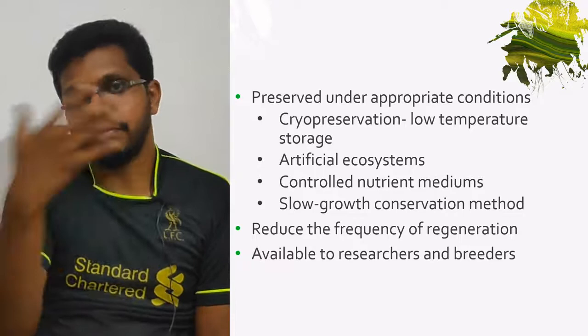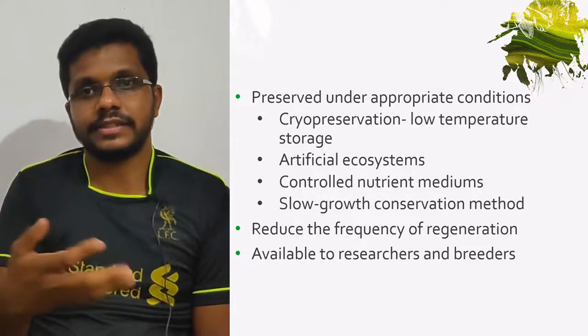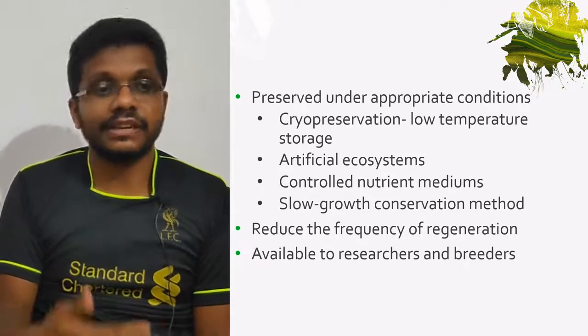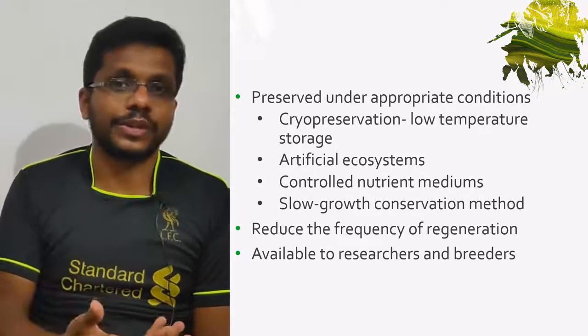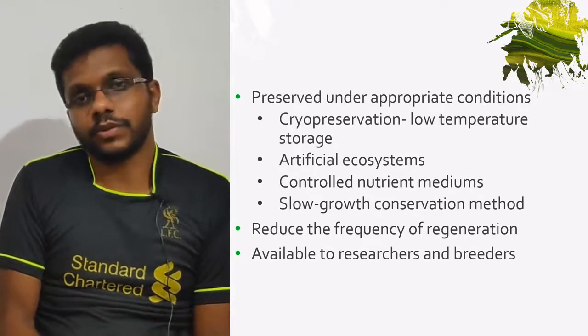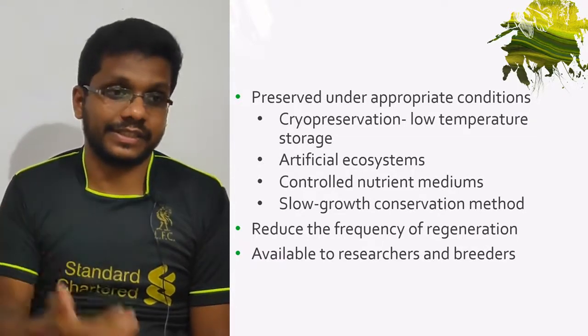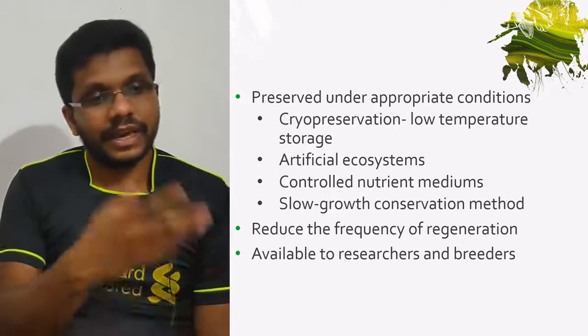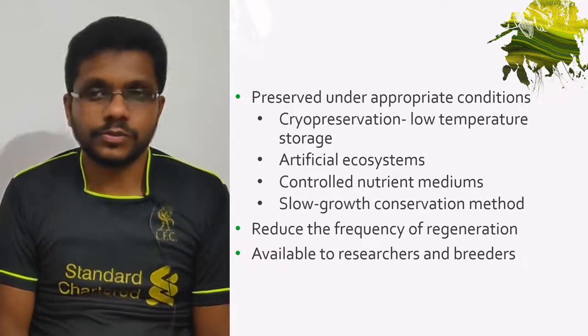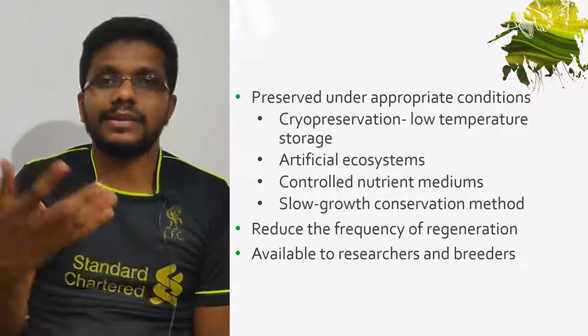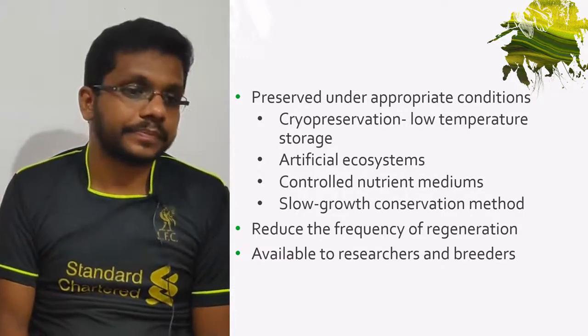We can grow the organism or its cells or components in vitro in cell cultures, giving a medium which has less nutrient capacity. So the growth will be retarded, but that retardation can be used as a tool for preservation. Or we have some slow growth conservation methods, which reduce the growth rate but maintain viability.